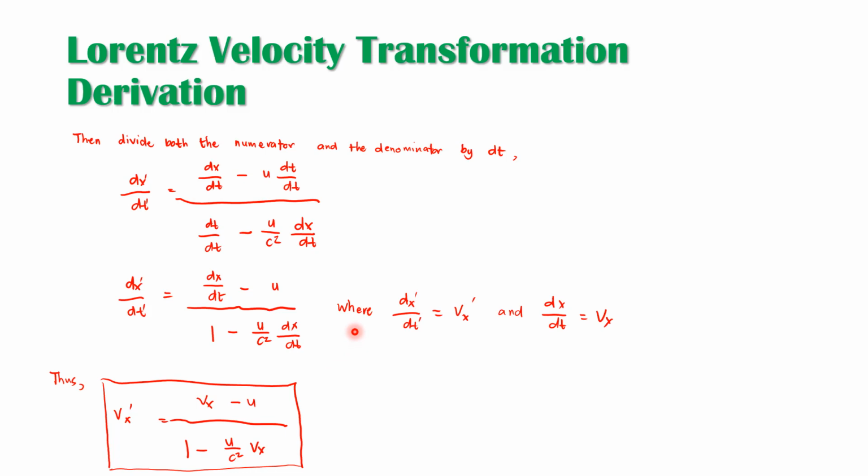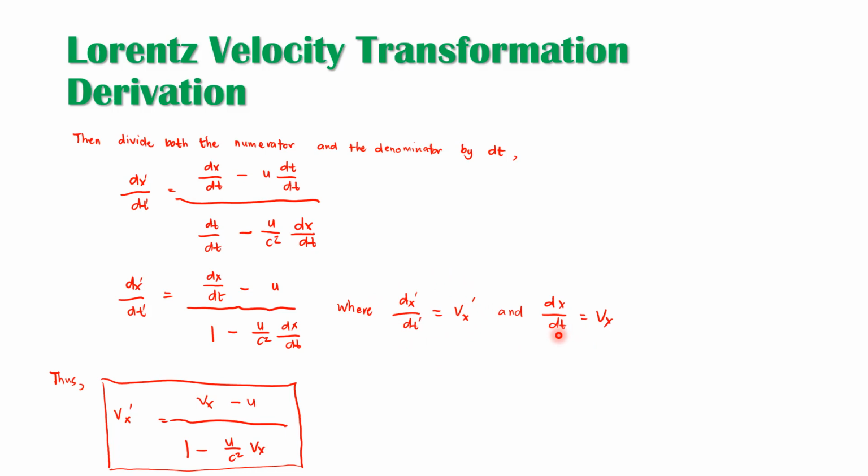Now, dx prime over dt prime is just equal to v sub x prime, the velocity as observed by an observer in S prime.